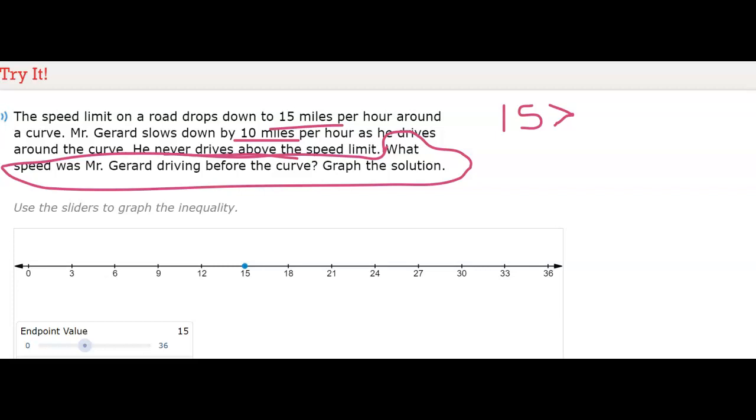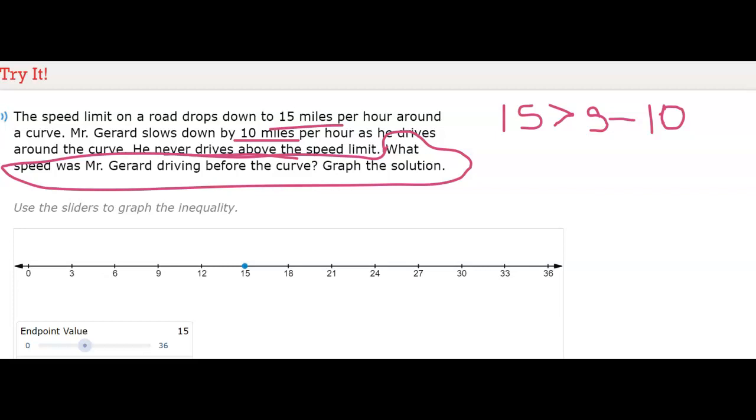Let's just put an S for his speed, because we don't know exactly what his speed was before he started going around the curve. So we're going to use S as our variable. And then we're going to subtract the 10 miles per hour that it says he slowed down around the curve from whatever he drove before the curve.